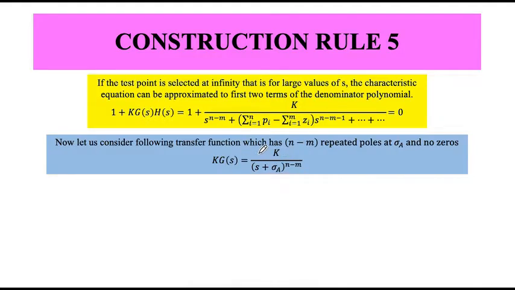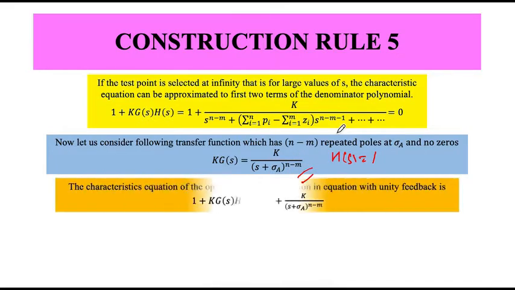How will that look? kGs, and you can assume Hs is equal to 1, it doesn't really matter, would be something like k over (s plus sigma a) to the power n minus m. Again for the characteristic equation, I just add 1 to this. So this is my characteristic equation. How will this root locus look? It has no zeros and n minus m poles.